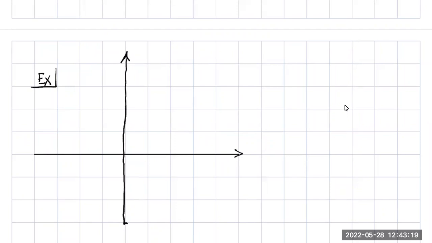Let's say at -4, 2, we have a mass equal to 5 units. The next one is at 0, 3, and its mass is 4 units.